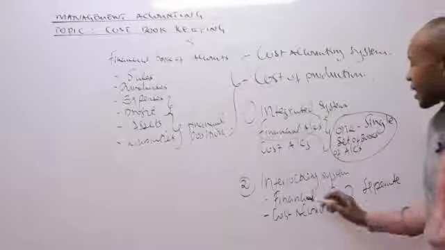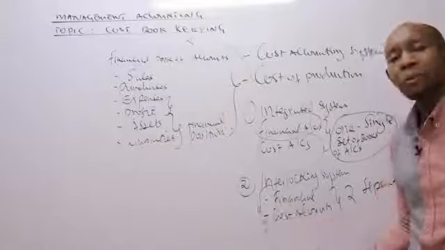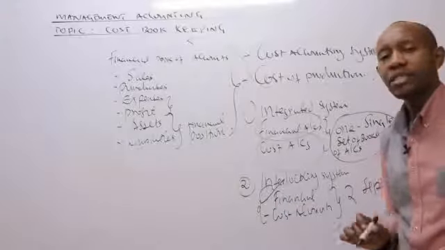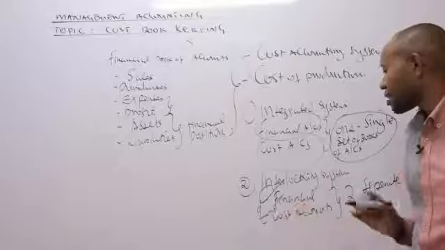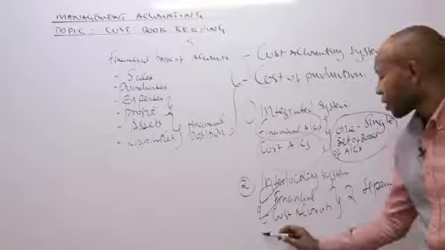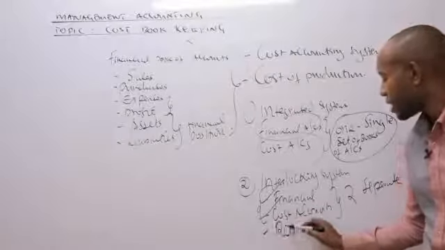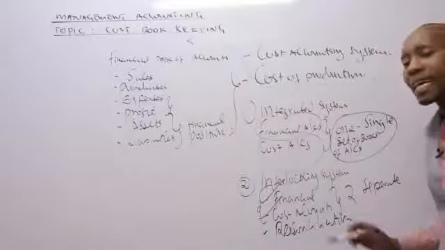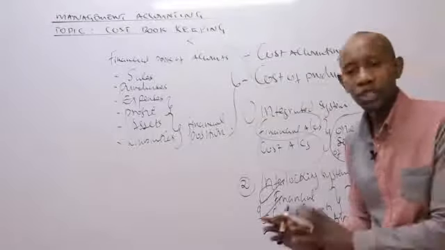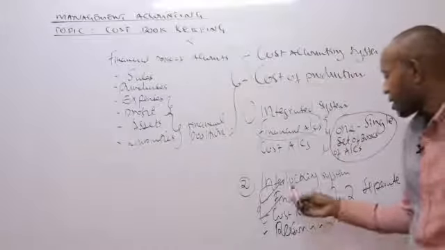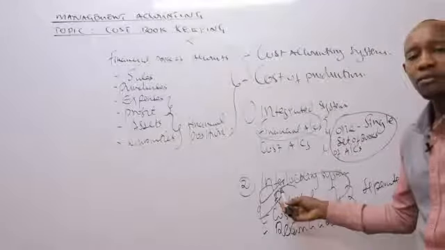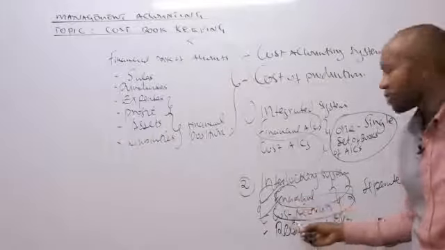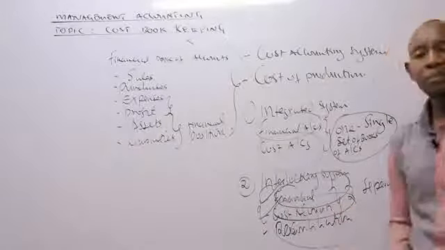And in that case, once these are prepared, since the financial accounts may give a different profit from that of the cost accounts, we may need to do what we will call, in our next class, a reconciliation, so that we can bring the financial accounting profit and the cost accounting profit into agreement.